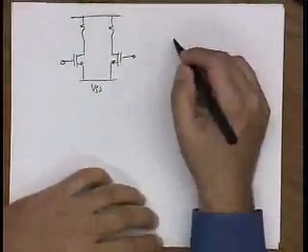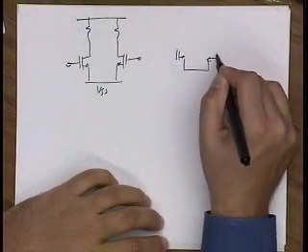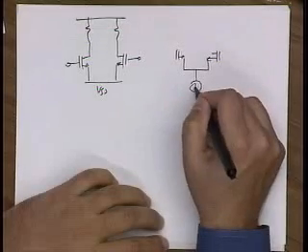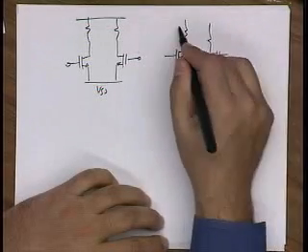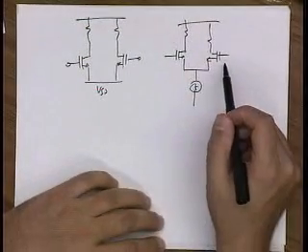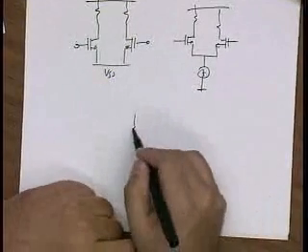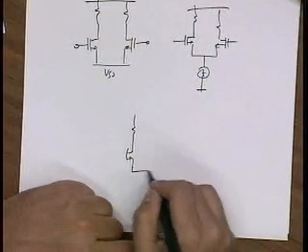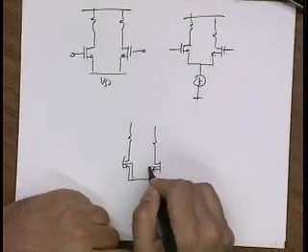Okay. I could build a fully differential circuit like this. And usually, of course, these will be current mirrors or active loads. And then finally, I can build a fully differential circuit, if the process allows me, like this.